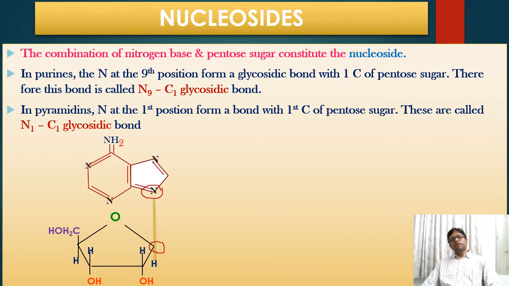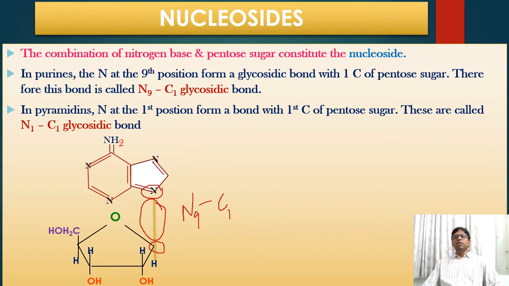The nitrogen is at 9th position of nitrogen base, and the carbon is at the first position of pentose sugar. This one is the glycosidic bond. So this bond is called N9C1 glycosidic bond. In purines, the nitrogen at the 9th position forms a glycosidic bond with first carbon of pentose sugar.